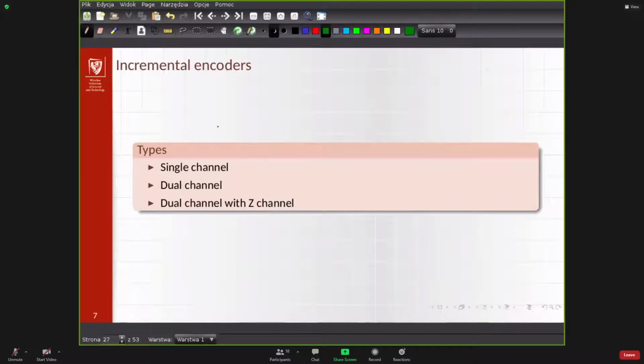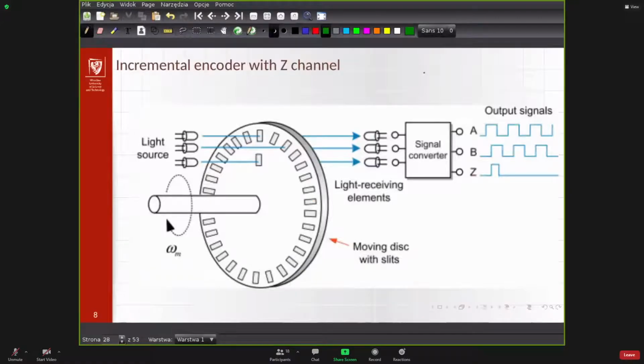Okay, when you have incremental encoders, then you have a different approach, because you can have a single channel, dual channel, or dual with Z channel. And what does it mean?